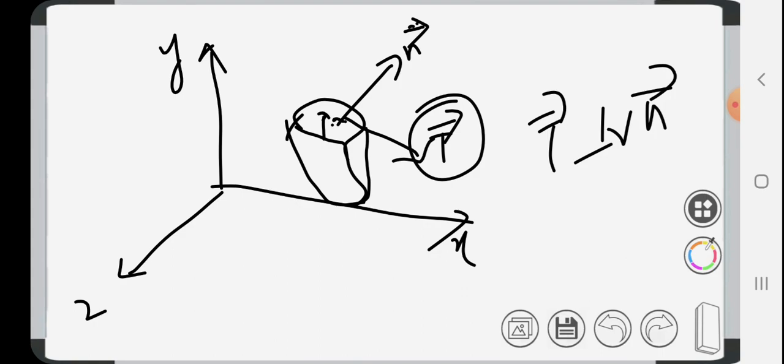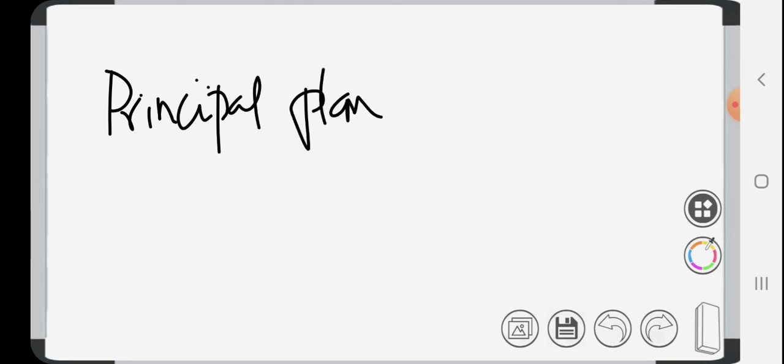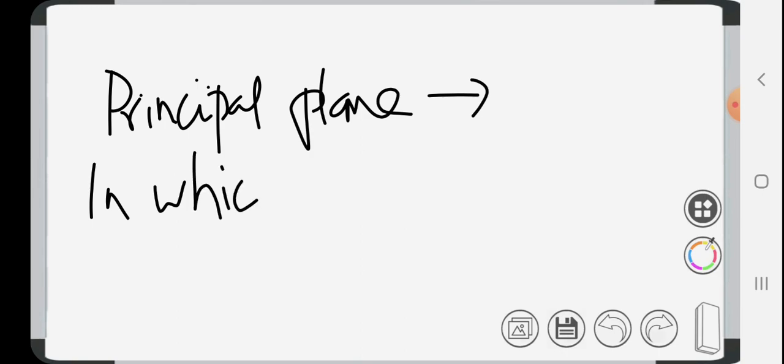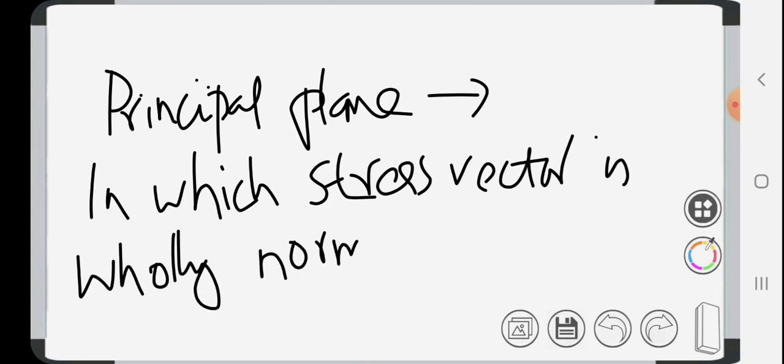Which is that plane? So students, the idea of principal plane: a principal plane is that particular plane in which the stress vector is wholly normal. Wholly normal means only a normal component is there.